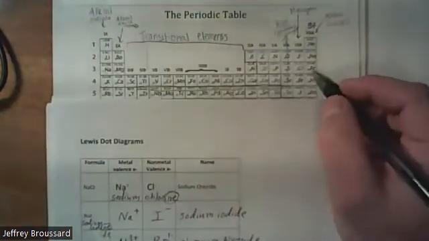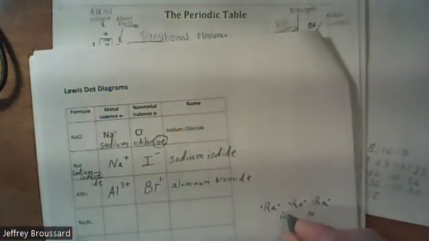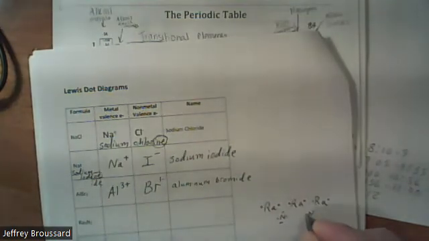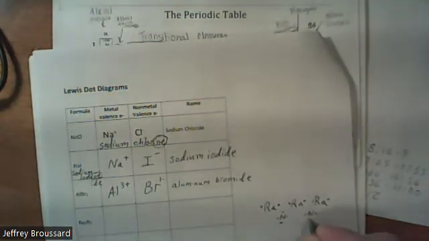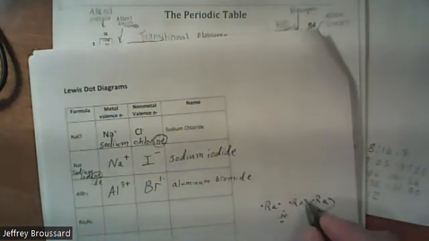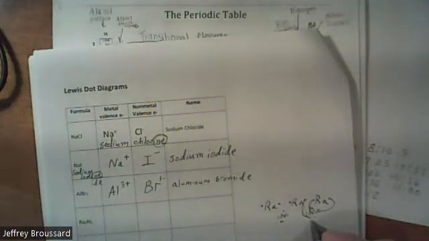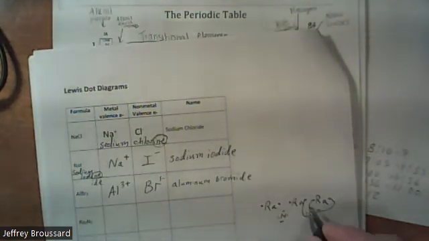And again, nitrogen is in group 5A, which means it has 1, 2, 3, 4, 5. 1, 2, 3, 4, 5. Now this electron is going to go here. Now nitrogen has 6. This electron is going to go here. Now nitrogen has 7. This electron is going to go here. Now this nitrogen has 8 and its octet is complete.